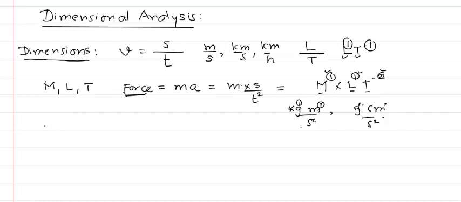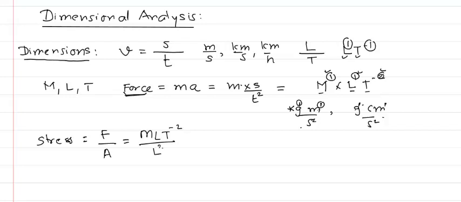What we'll do now is look at a couple more physical quantities and try to find out their dimensions. So let us take the example of stress. Stress is force by area. So we have already found out that the force dimension formula is MLT raised to minus 2, divided by area.